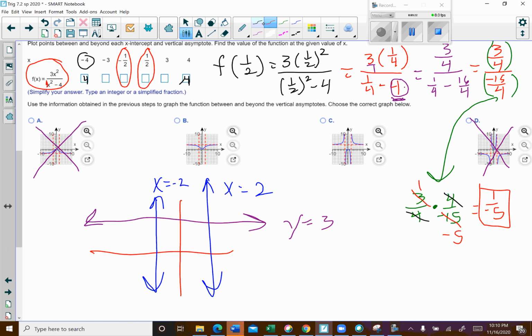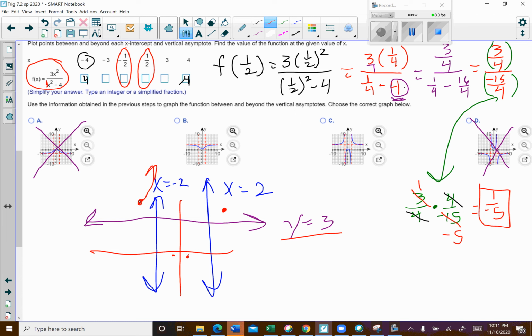So at negative 4, I would be up at positive 4, which would be above the horizontal asymptote, because the horizontal asymptote's at y equals 3. Same thing over here at positive 4, I'd be up here at 4, okay? And then let's see, at 1/2 and at negative 1/2, I'd be at negative 1/5, which is going to be down here roughly, right?